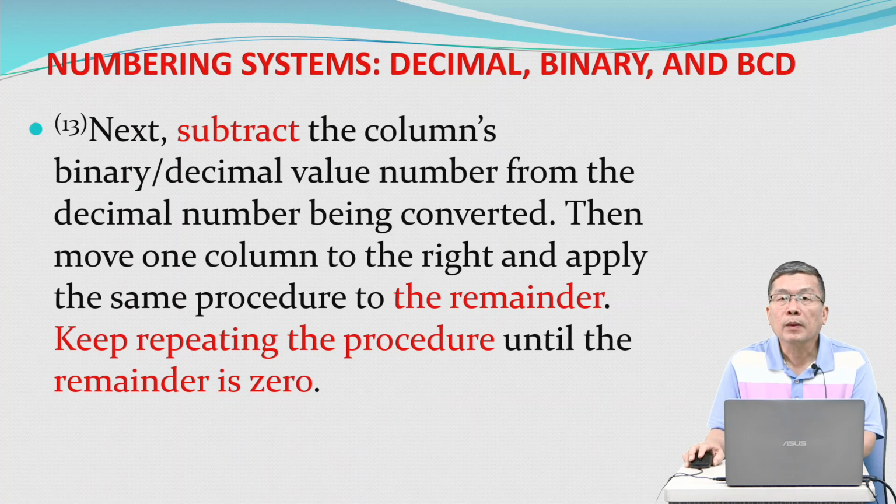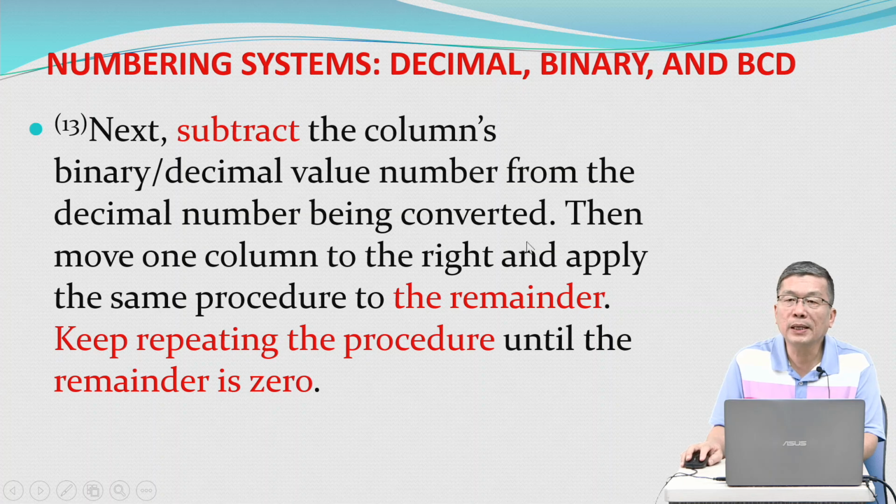Next, subtract the column's decimal value from the decimal number being converted. Then move one column to the right and apply the same procedure to the remainder. Keep repeating the procedure until the remainder is 0.